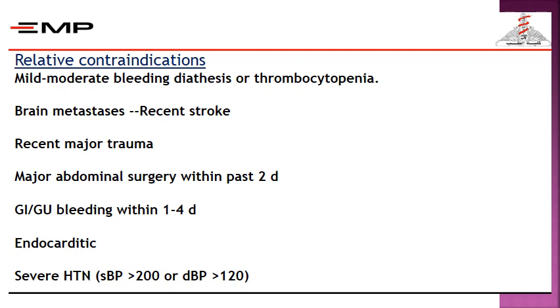When it is relatively contraindicated to anticoagulate the patient: in case of mild or moderate bleeding diathesis or mild thrombocytopenia, if there is brain metastasis or recent stroke, recent major trauma, major abdominal surgery within the last 2 days, gastrointestinal bleeding within 1 to 4 days, or ulcerative disease, endocarditis.